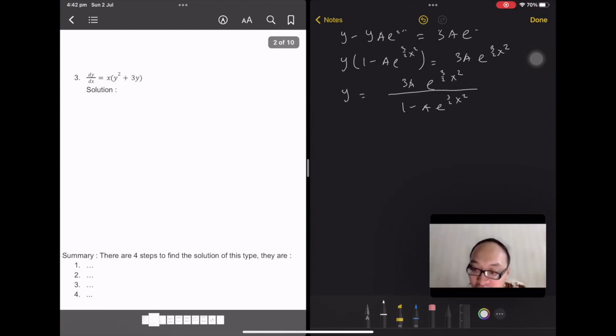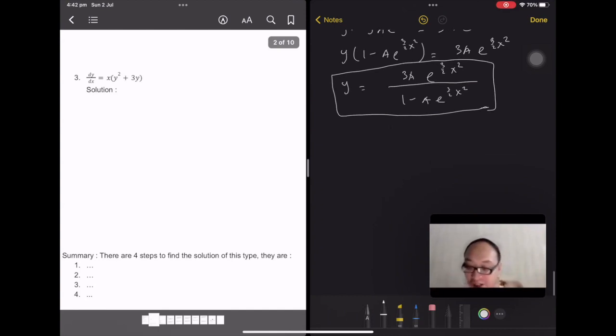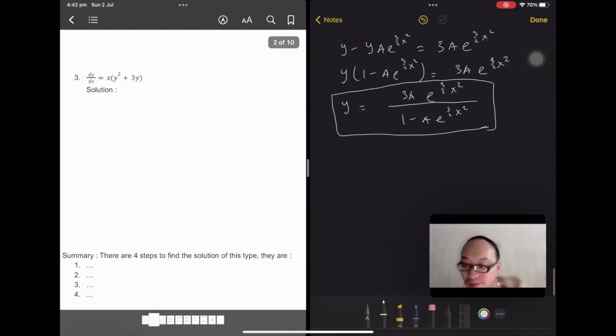You can stop here, but it will be better if you change the form, by multiplying both numerator and denominator by e to the negative 3 over 2 x squared.